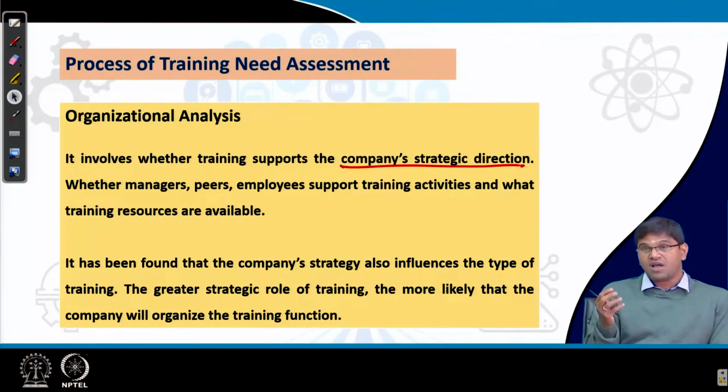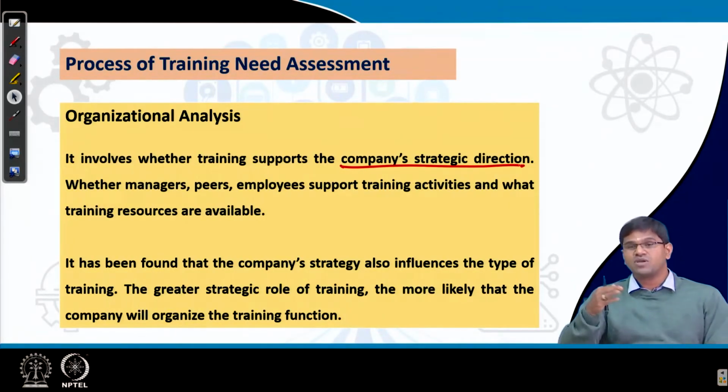As I said, strategy plays a very critical role in determining what type of training we need. As in the previous example, a technology company deciding on a new tool will focus on providing training to employees on new tools or new technology, or on the way you conduct R&D or your research capabilities.